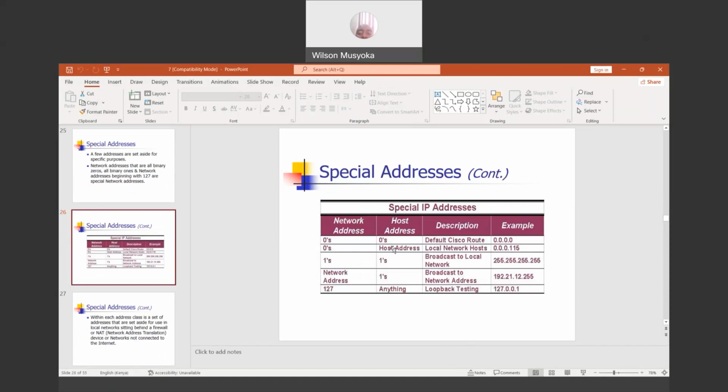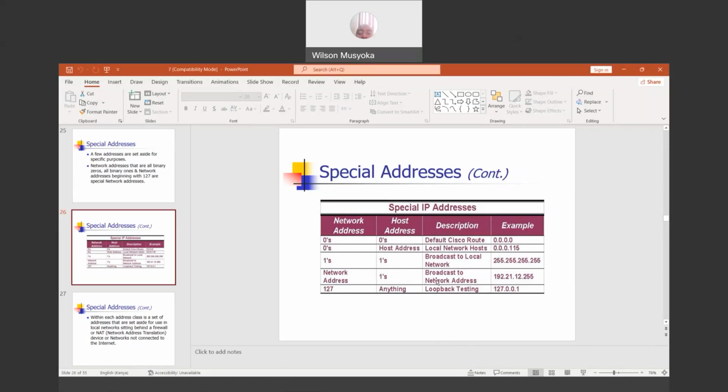Then host addresses that are all zeros refer to the network itself, and the ones are used for broadcast on the local network. That is why, when we talk about subnet masks, we talk about 255.255 for the host addresses or the broadcast addresses.